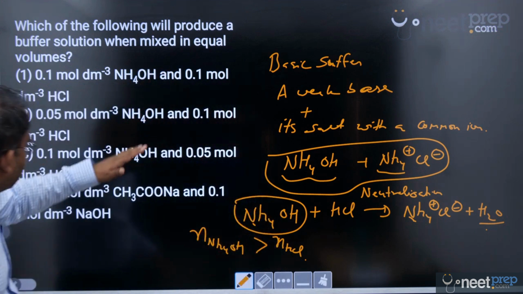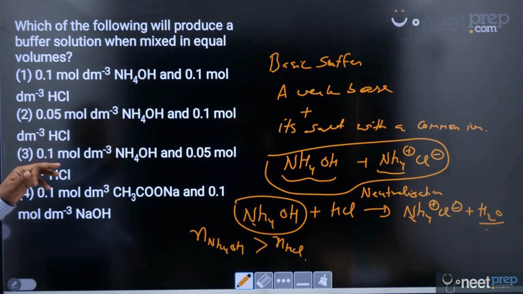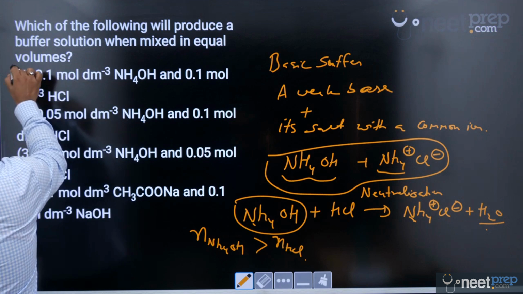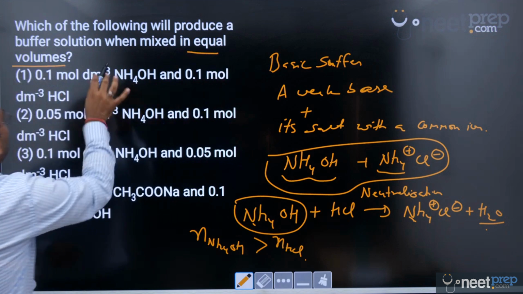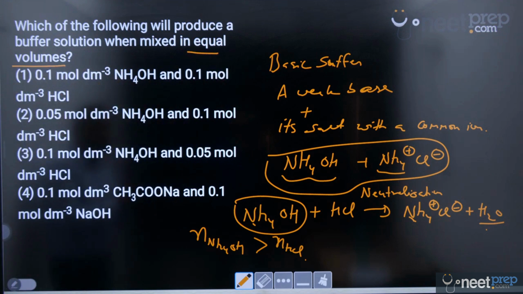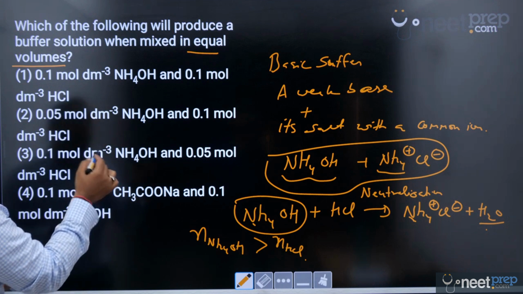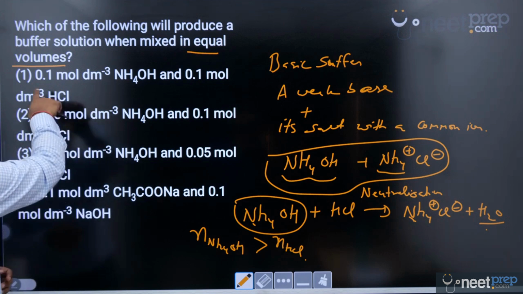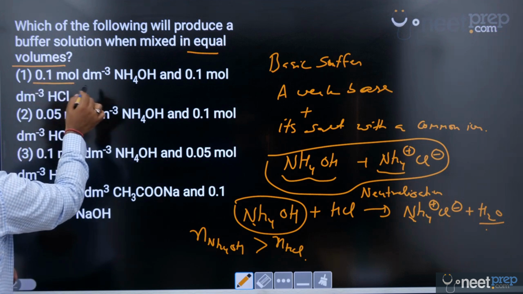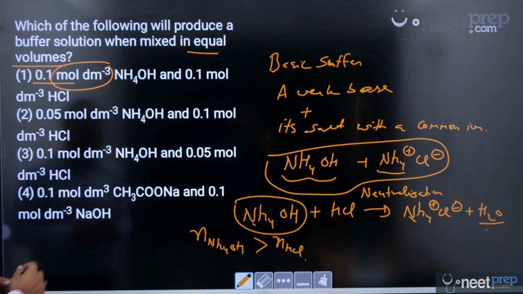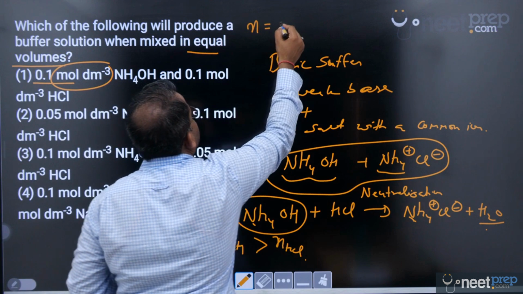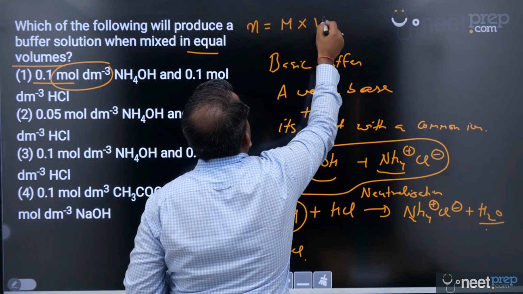So for the first, second and third options, we have to find out the number of moles of ammonium hydroxide and HCl. And the examiner has made our life easier: the volumes of these two samples, acid and base, are equal. So I only need to see their number of moles. Oh, I'm sorry, moles are not given, this is molarity. So the number of moles can be calculated very easily from the relationship, molarity into volume.